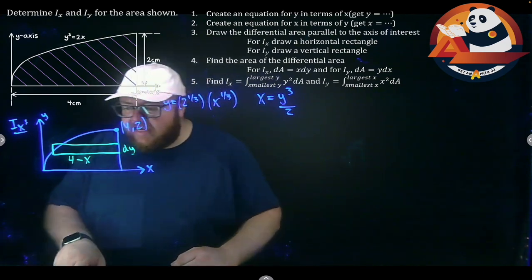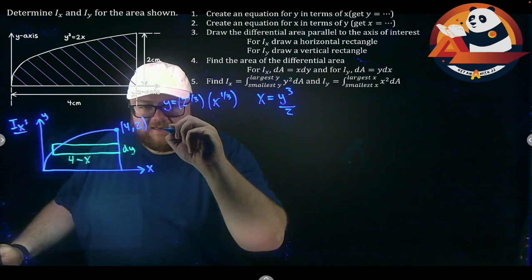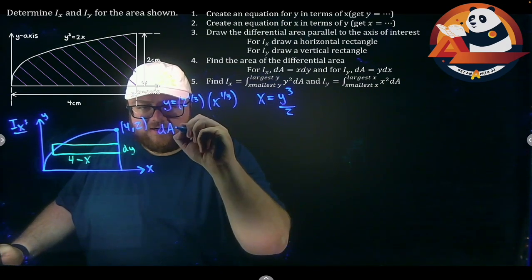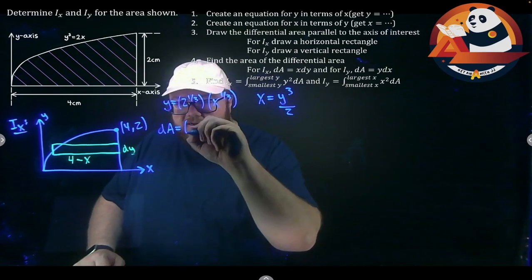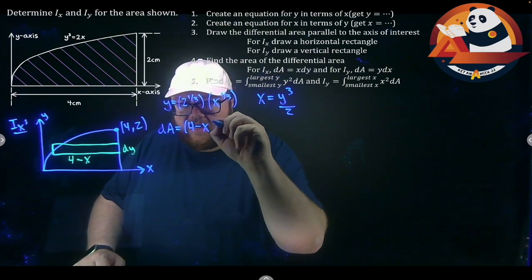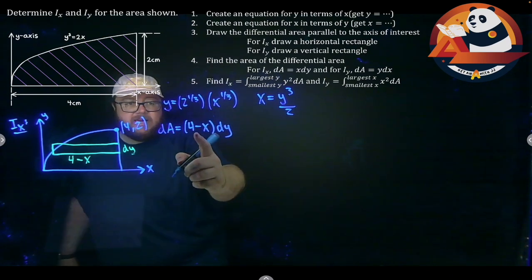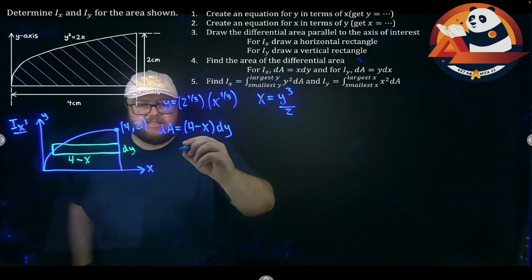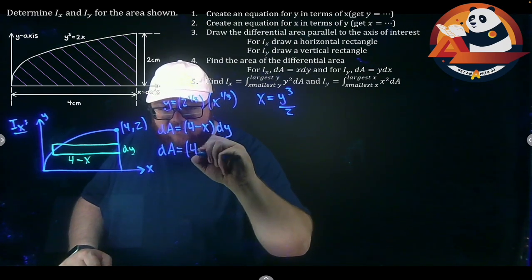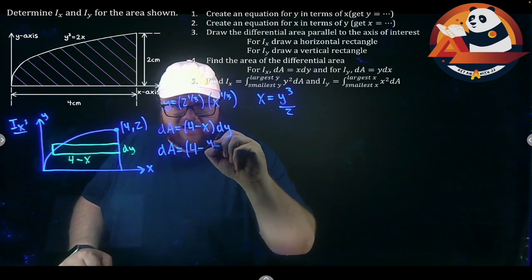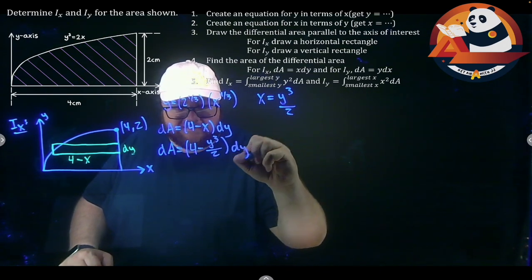But then we can come in and say, I need to get towards my dA. My differential area for this one is going to be 4 minus x dy. Or I want to get this to y dy. So this is really dA is 4 minus y cubed over 2 times dy.